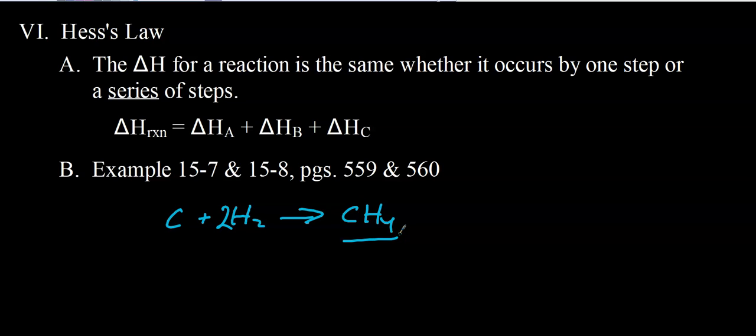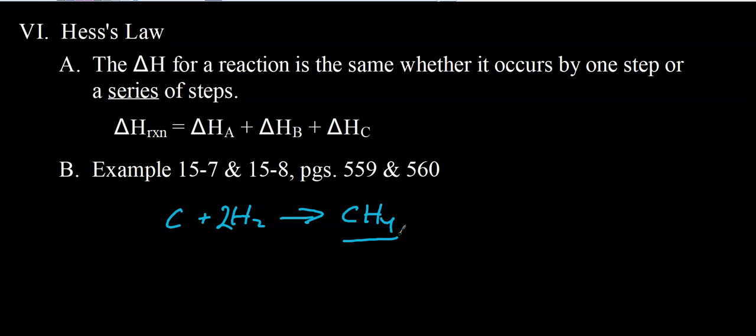So we need to flip that equation so that methane is on the right and carbon dioxide and water are on the left so they can cancel. And notice the delta H. The heat of combustion of methane, methane reacting with oxygen, gives off 890.3 kilojoules of energy. If you take that equation and flip it around, then that exothermic reaction turns into an endothermic reaction.